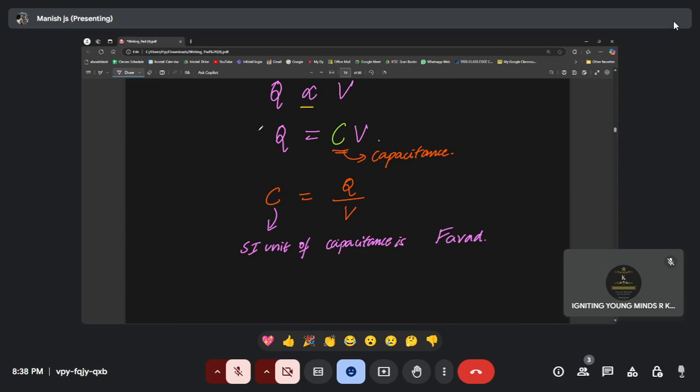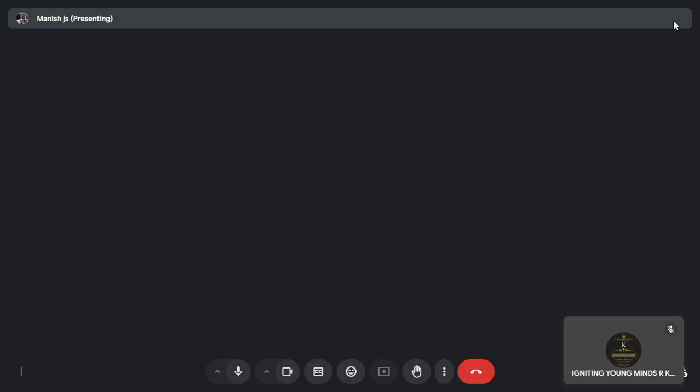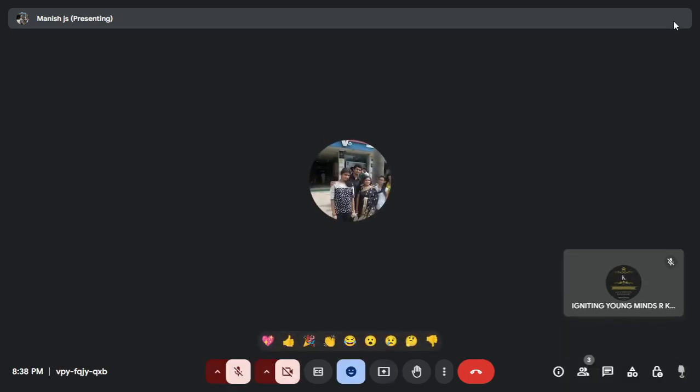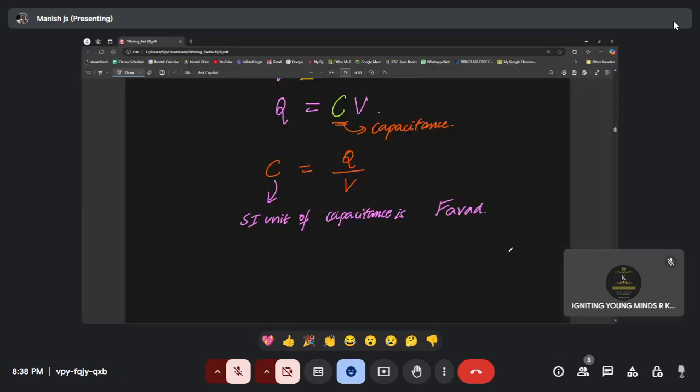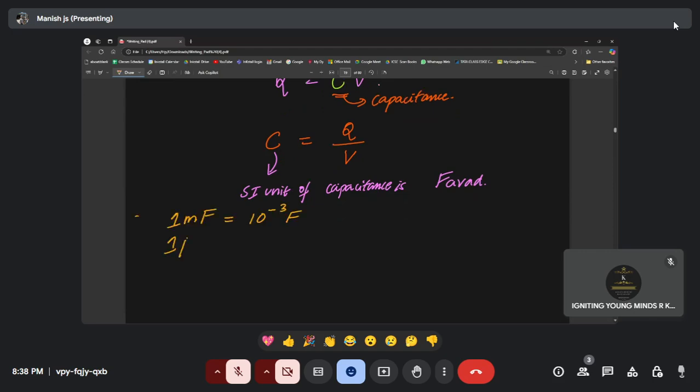There are different values or ranges of capacitance. 1 millifarad is 10 power minus 3 farad. 1 microfarad, mu F, where mu is the Greek symbol for micro, means 10 power minus 6 farad.